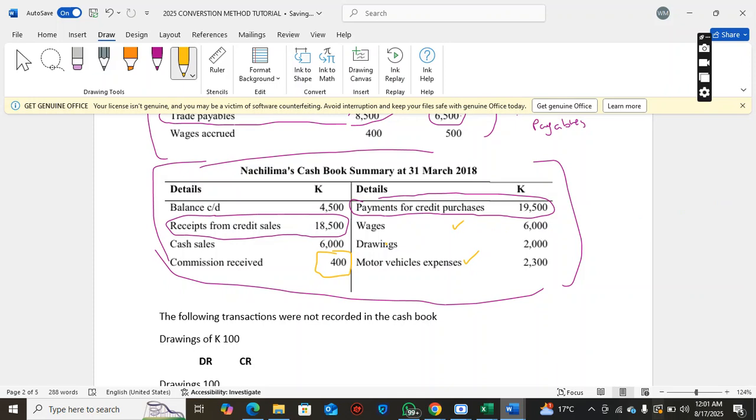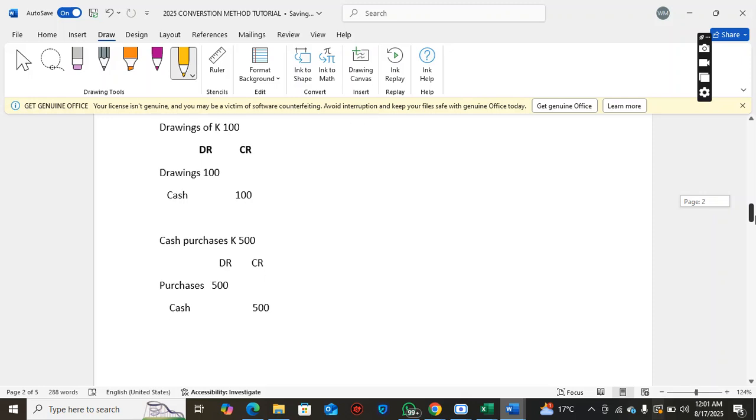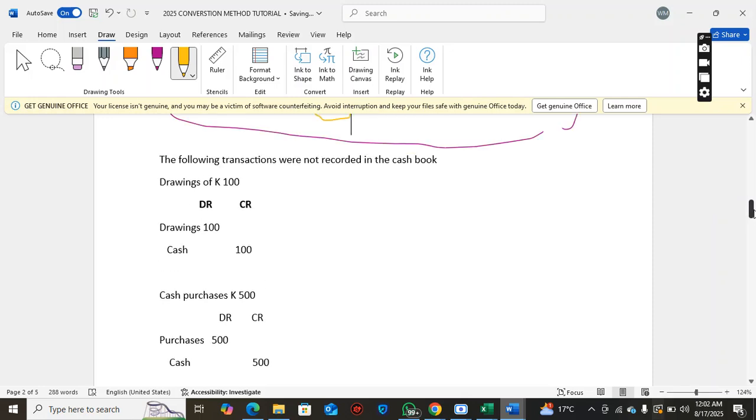It's deducted from capital. So don't take drawings as an expense, no. Cash purchases. Oh, we've also got this purchases expense here, this 500 kwacha. It's an expense. Even wages accrued.